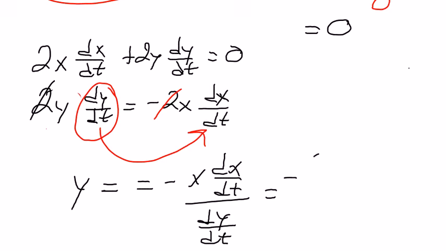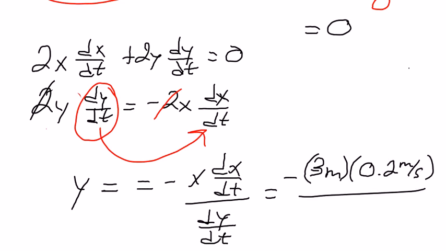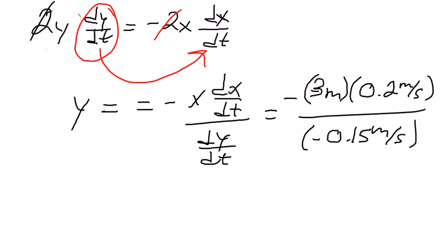Plugging everything in, x was 3 meters, and I believe our change of x was 0.2 meters per second. Yes, it was. And that was all divided by negative, because we're moving down the wall, 0.15 meters per second. Doing the quick math on that, that's going to leave us with y equal to 4 meters.